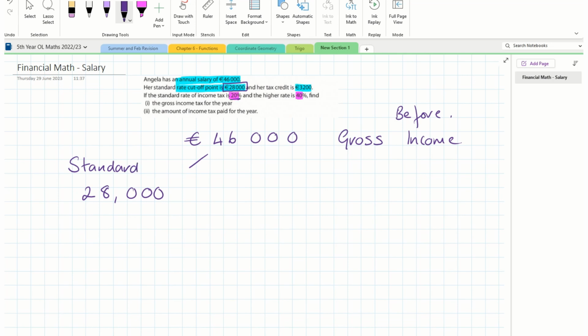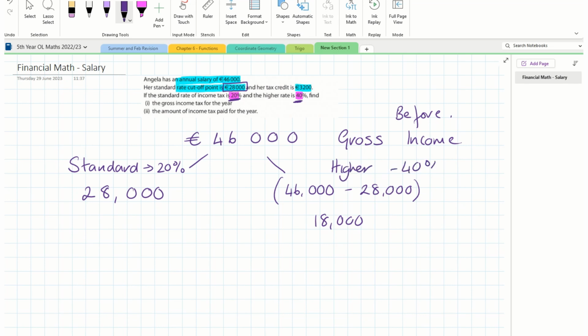The standard is 20%, so 20% of this. And then the remainder, so in other words, 46,000 minus 28,000, so anything above the standard rate, which works out as 18,000, she's going to pay the higher rate of tax. So the higher is 40%.